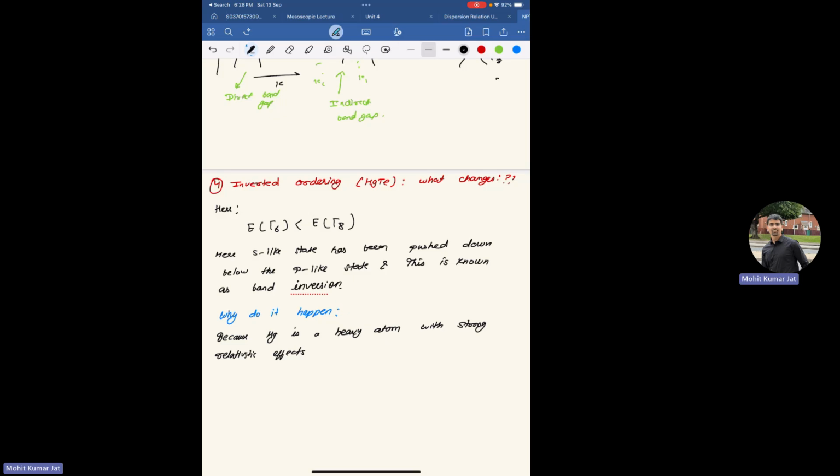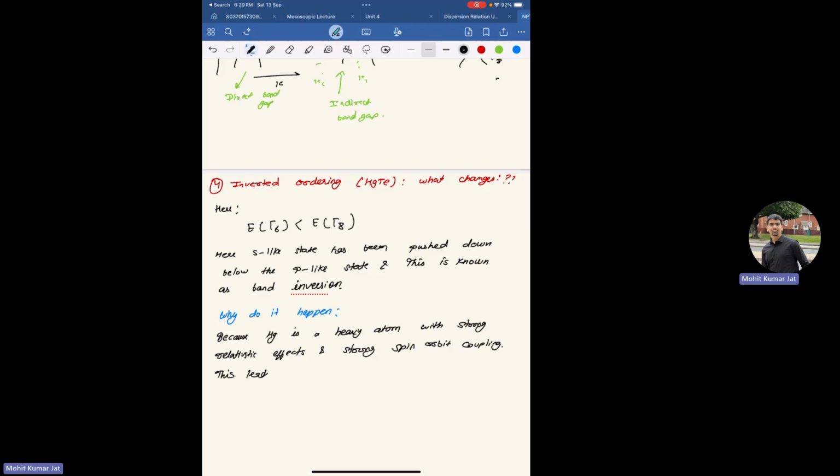And of course, if it's a heavy atom, then the spin-orbit coupling, which we know goes as Z to the power 4, where Z is the atomic number, is strong. This relativistic contraction and energy shift of the mercury orbitals, and their hybridization with tellurium, changes the relativistic energies. The S state is pushed down relative to the lighter II-VI compound, which produces the band inversion.